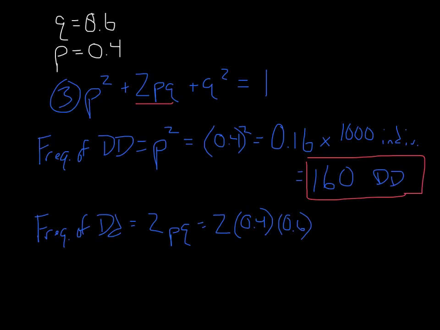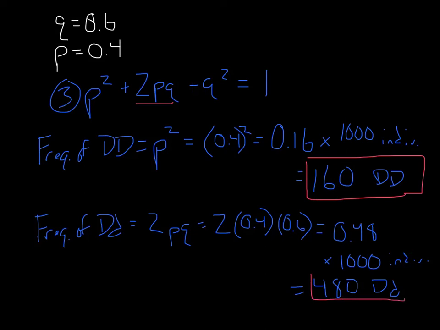That's going to give us 0.48. Again, we do that times 1,000 total individuals, and that's going to show us that 480 would be heterozygotes.